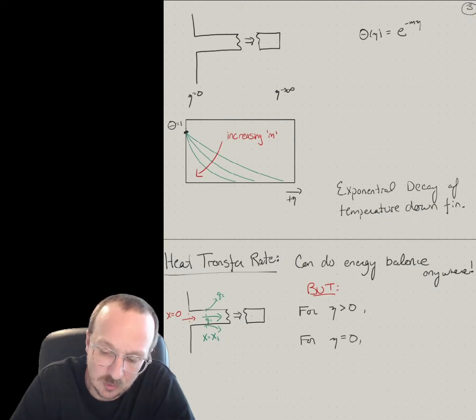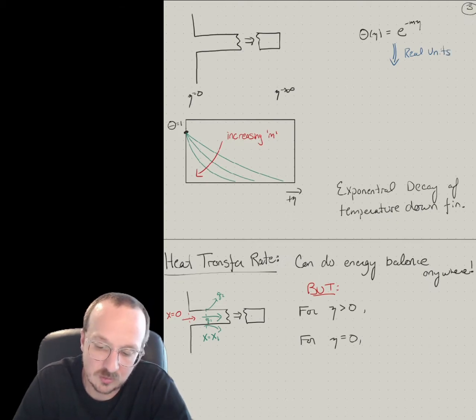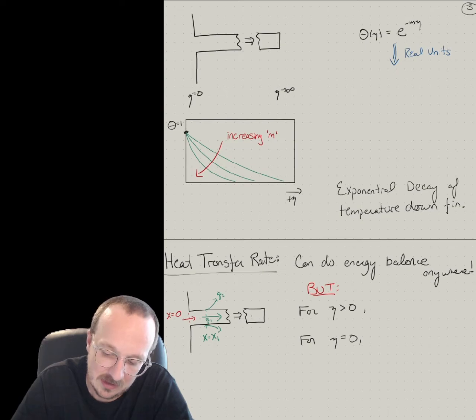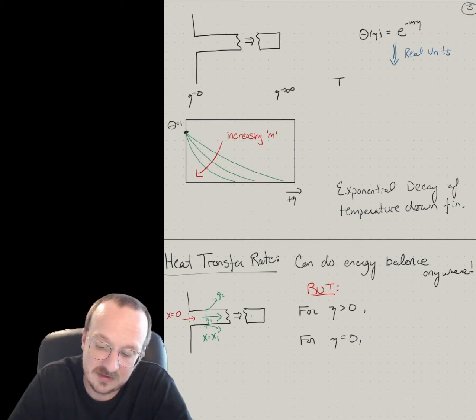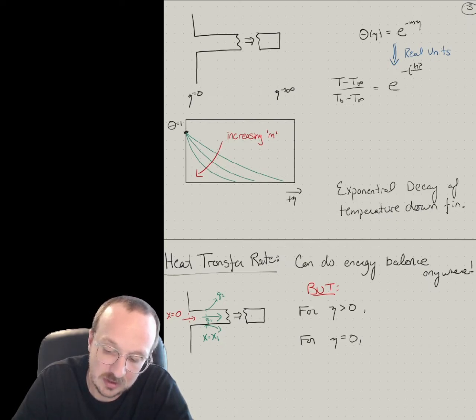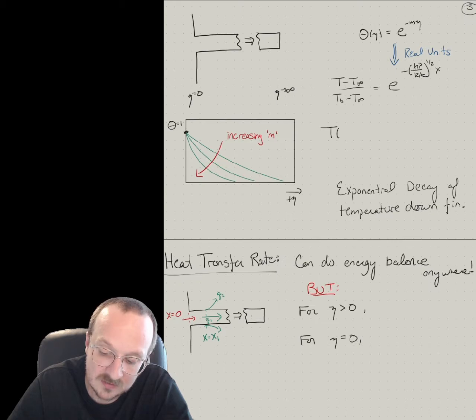Let's write this in real units so you can kind of see what this would look like. So, you know, dimensionless units are real as well. I mean, no unit is real or unreal, but more common units, I'll say. So the definition of theta is T minus T infinity over T base minus T infinity equals e to the minus HP over KAC to the 1/2 times x, or T of x.